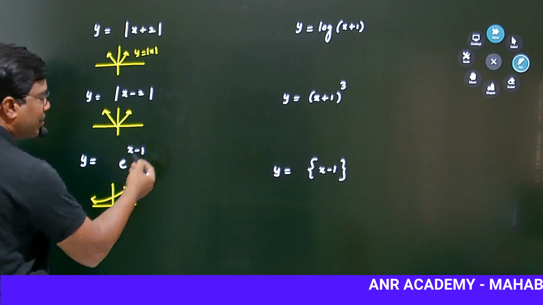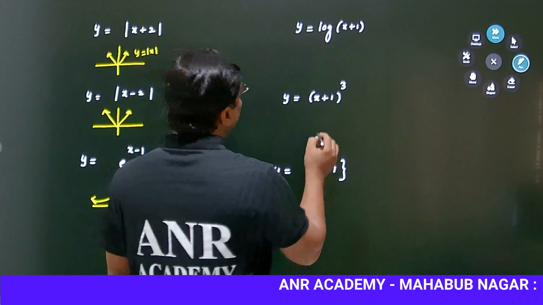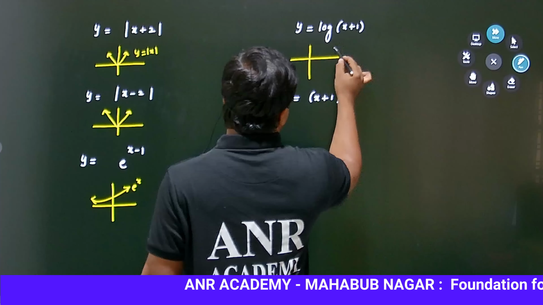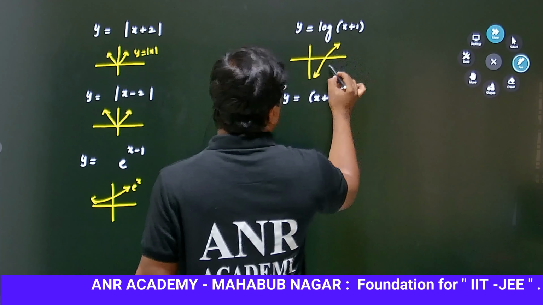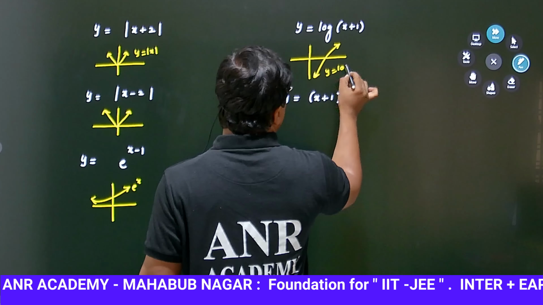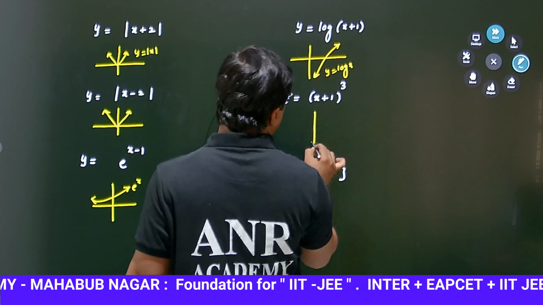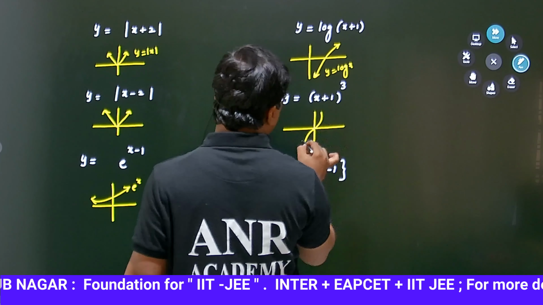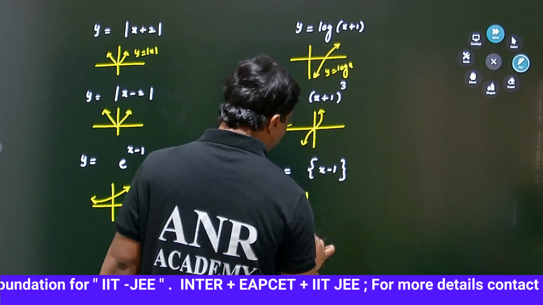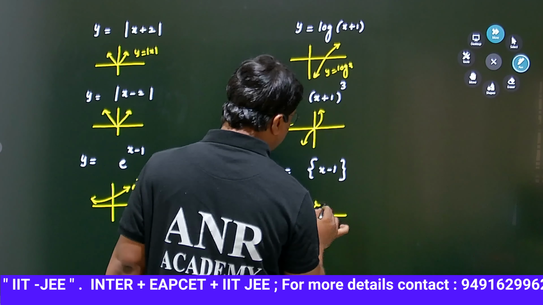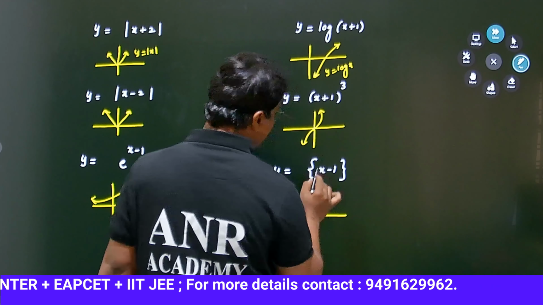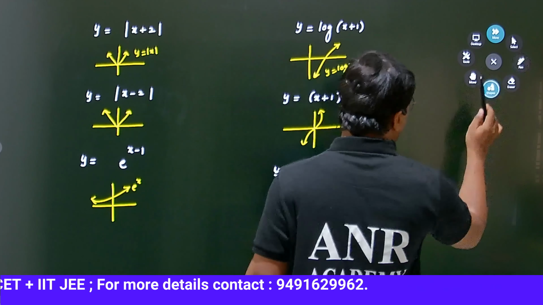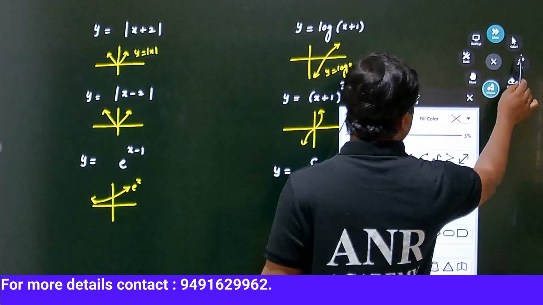From e power x you have to transfer to e power x minus 1. You know the graph of log x. Next we go for transformation. Next you know the graph of x cube. You know the graph of fractional part of x. Now let us observe the transformations.